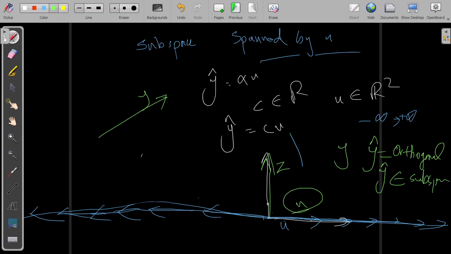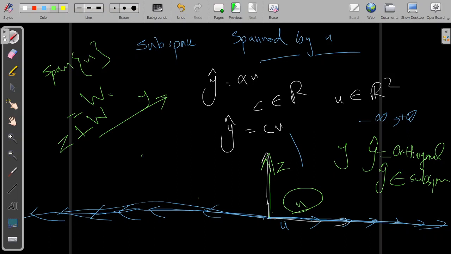So I'm considering this span of u equal to some subspace w. So the second component of y, z, will be perpendicular to this subspace w. That means z will be perpendicular to w.